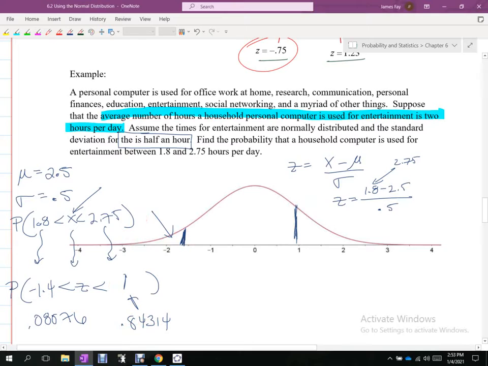If I subtract those, I should get 0.84134 minus 0.08076. No. I get that. Is that right? Let's see here.